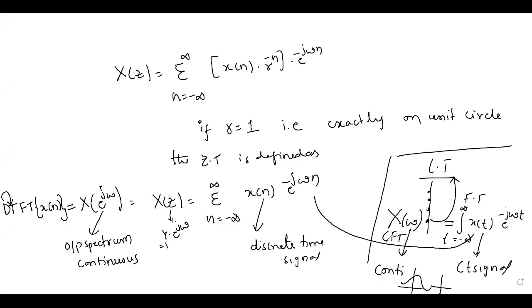So here in the continuous Fourier transform, input is continuous, output is also continuous. In case of discrete time Fourier transform, your input is a discrete time signal, but the output is in the continuous domain, a continuous spectrum will be there. This is a basic difference. Still, does anybody want me to repeat any point? First of all, understood this?